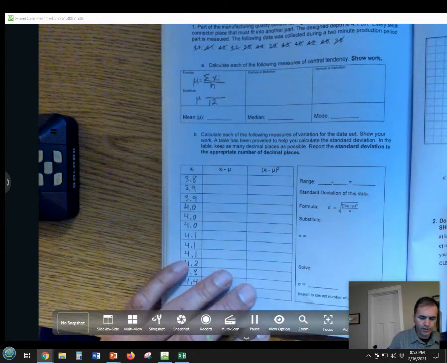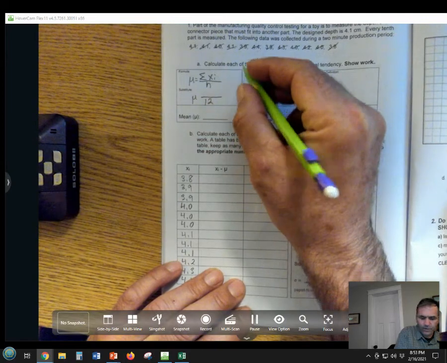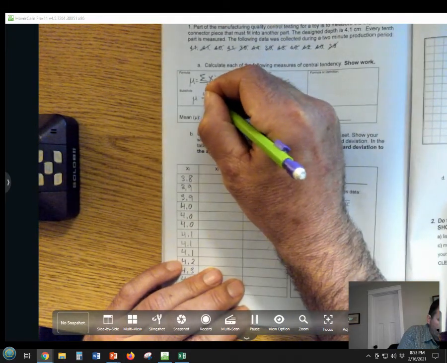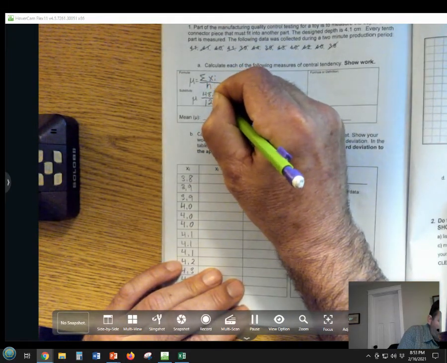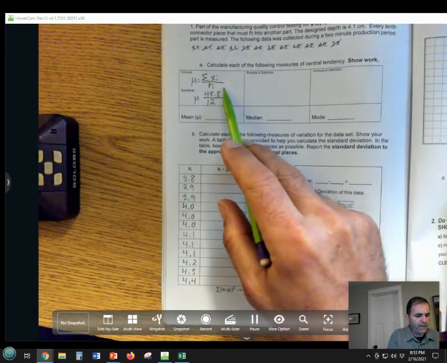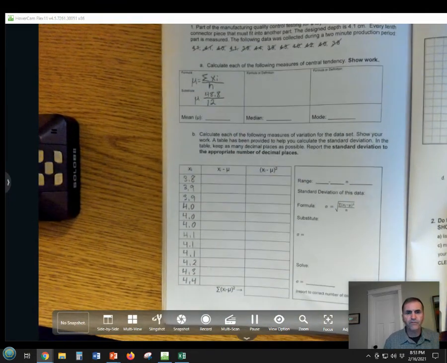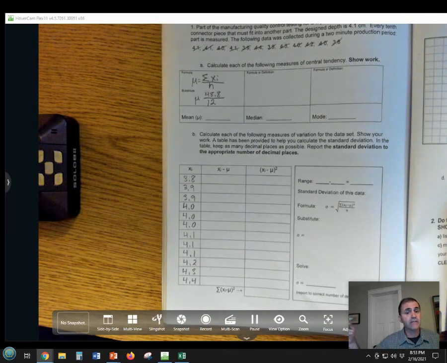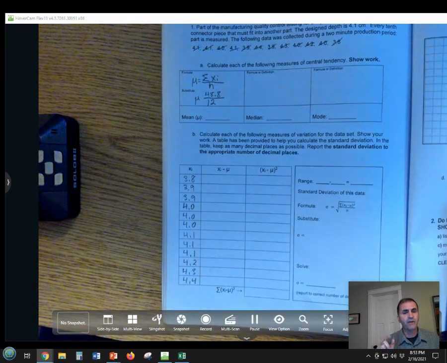And you should have ended up with 48.8 when you added all of those up. Now, when you divide 48.8 by 12, it's 4.066666 on and on forever. But remember, the rule is we're rounding to one more decimal point than our data set has.